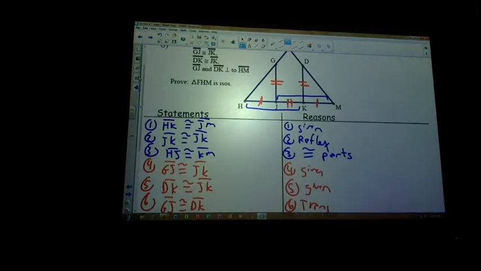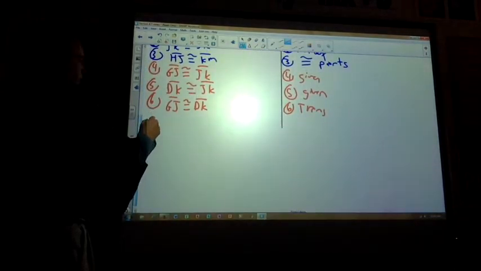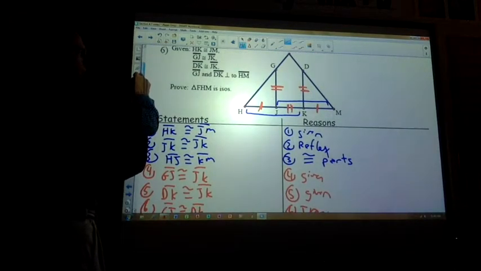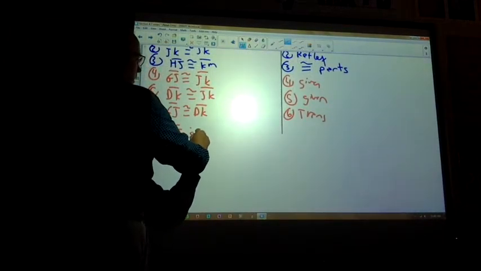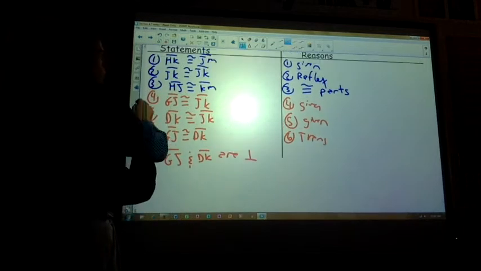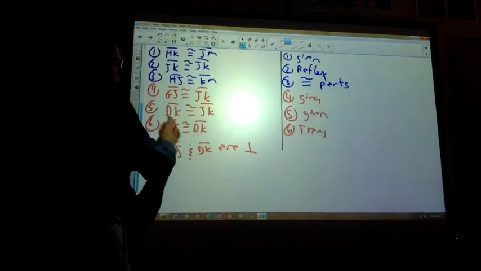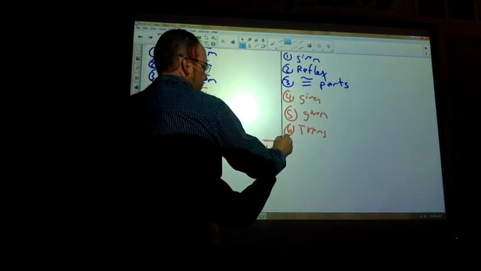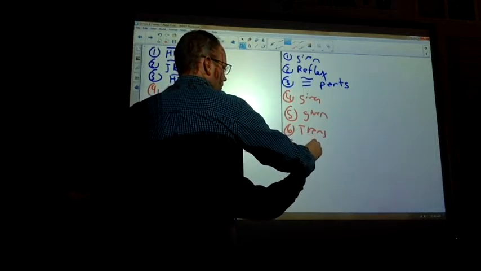GJ and DK are perpendicular to HM. Given.